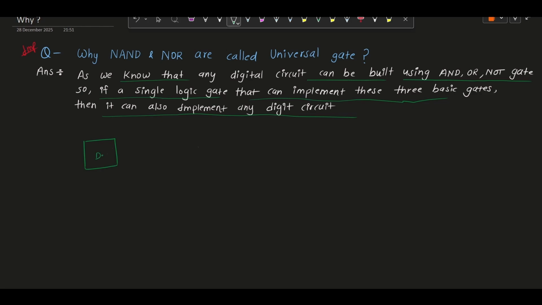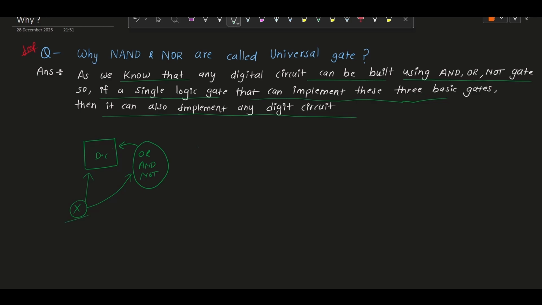If we are saying this digital circuit can be implemented using OR gate, AND gate, and NOT gate, these three basic gates we have, then if we have, let's suppose, an X gate that can implement all three basic gates, then indirectly we can say this can also implement any digital circuit, correct?